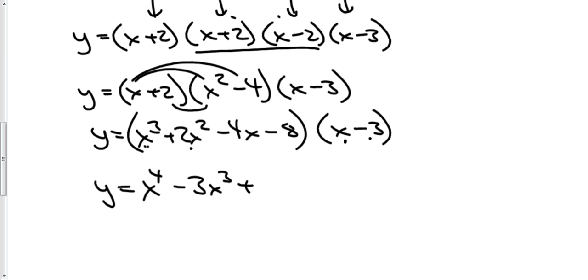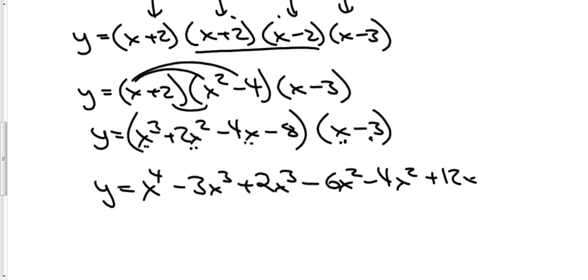That gives me 2x to the third minus 6x squared. Multiply those, gives me minus 4x squared plus 12x minus 8x, and finally plus 24.